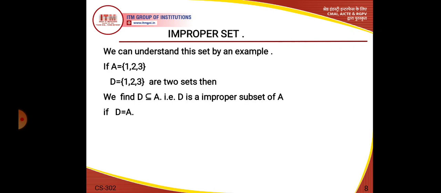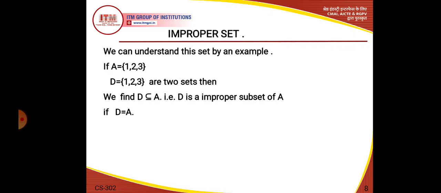Now come to improper subset. We can understand this by an example. If set A has 3 elements, 1, 2 and 3, and the set D also has 3 elements, 1, 2 and 3, you can see the number of elements in sets A and D are equal.